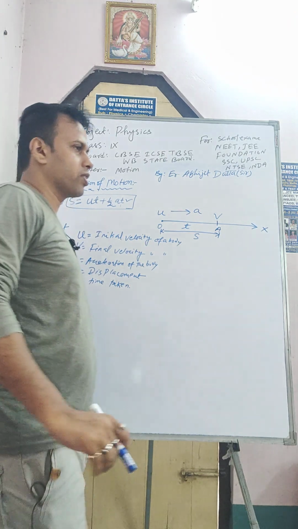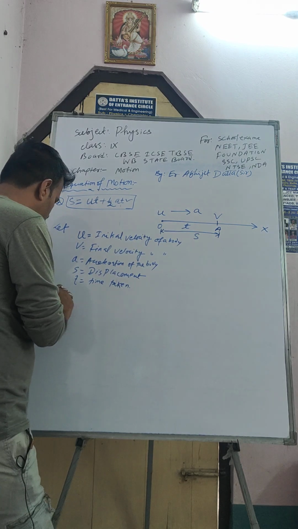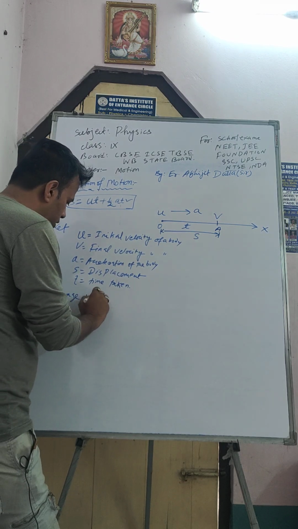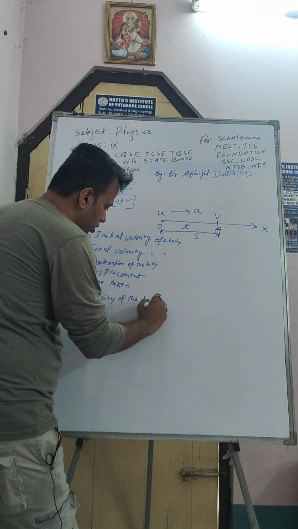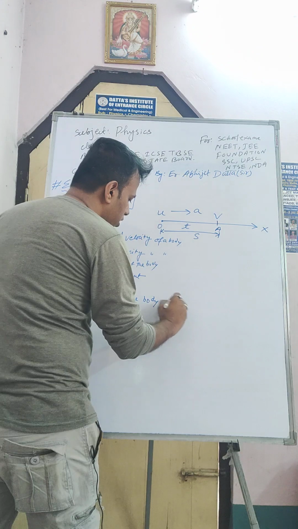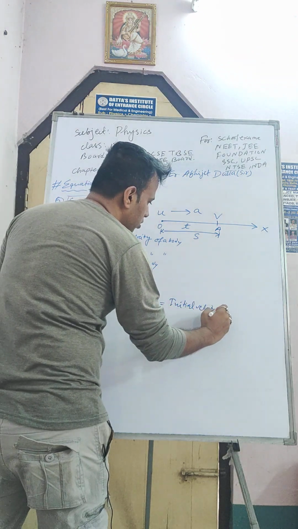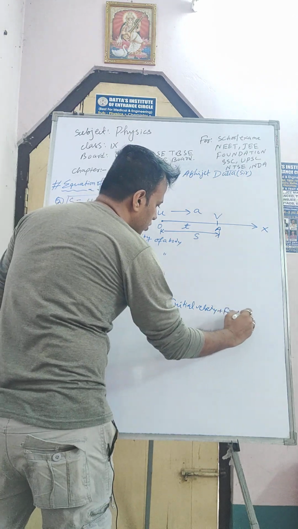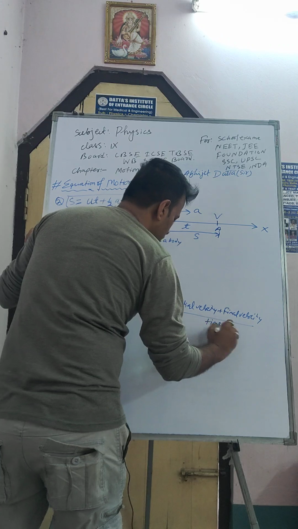Now we can say the average velocity of the body is initial velocity plus final velocity by 2.